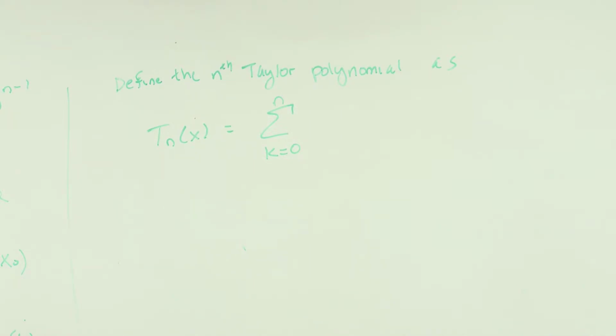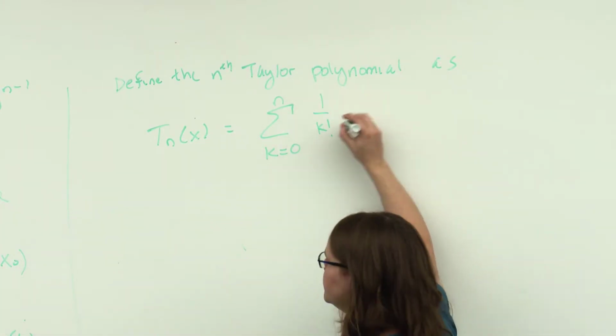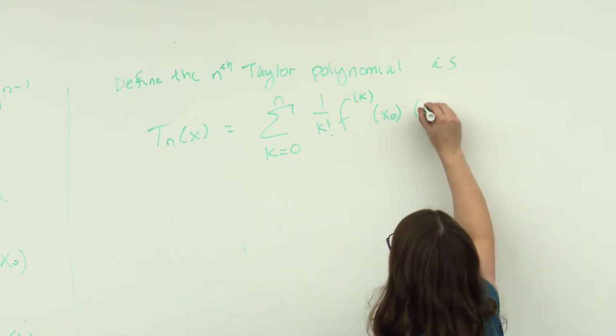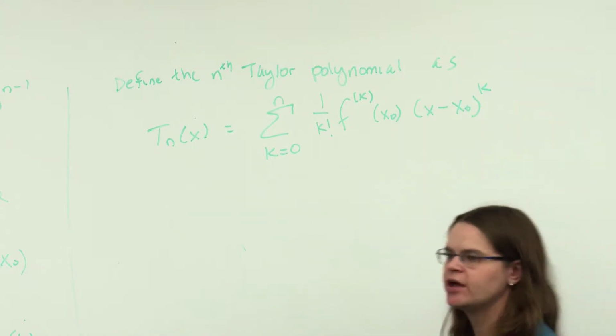We have our ak. Now we figured out what our ak is. Our ak in general looks like this. Where by convention, 0 factorial is equal to 1, and the 0th derivative is just the function itself. So we have our 1 over k factorial f^(k) of x naught times the polynomial term that gets attached to that coefficient.